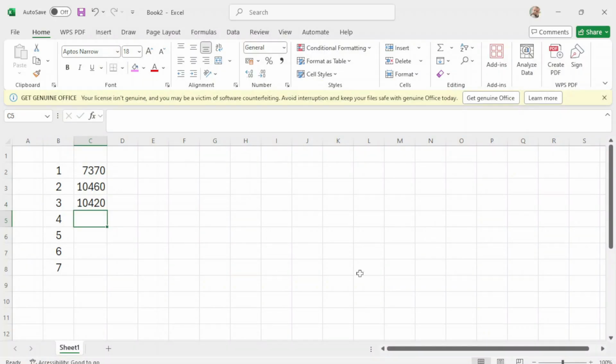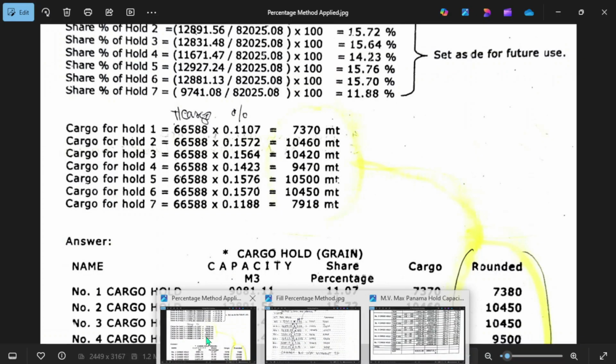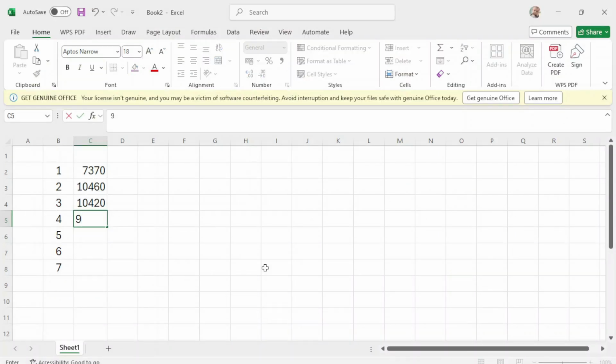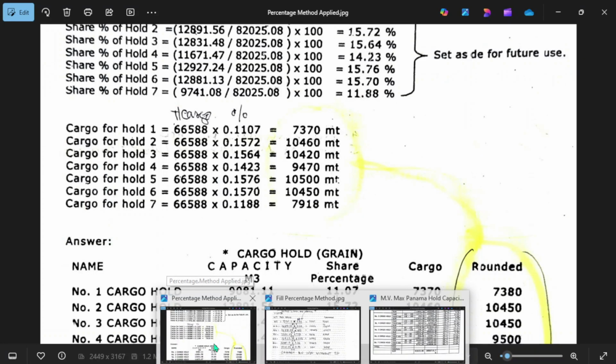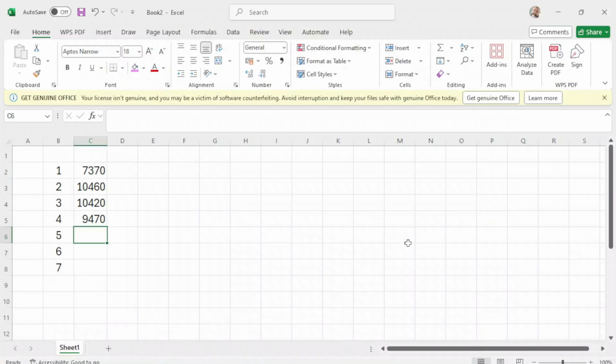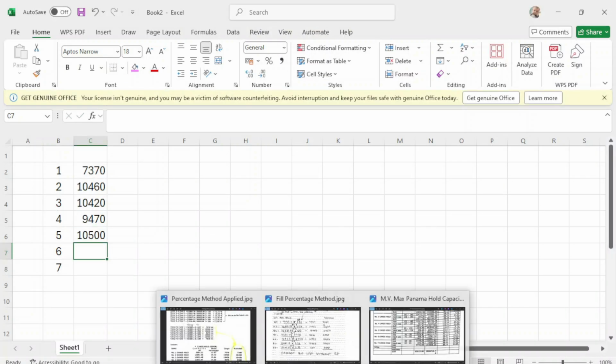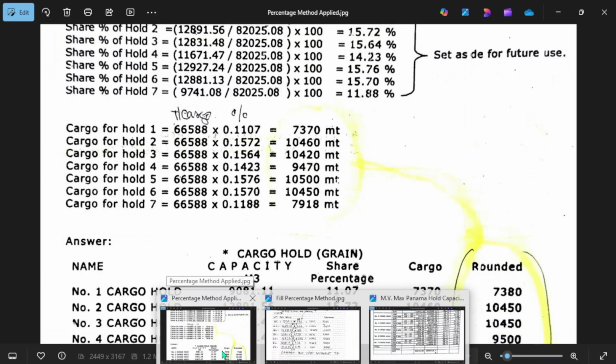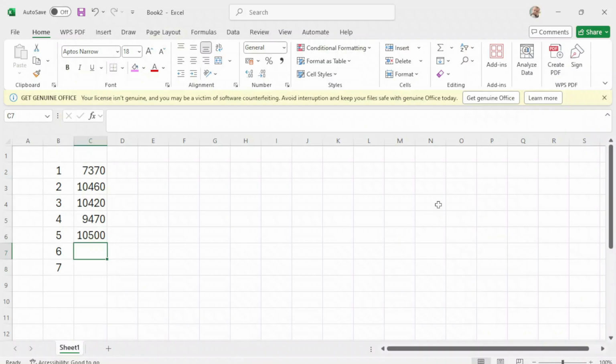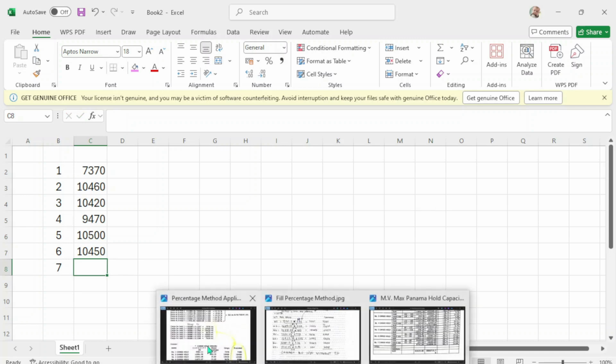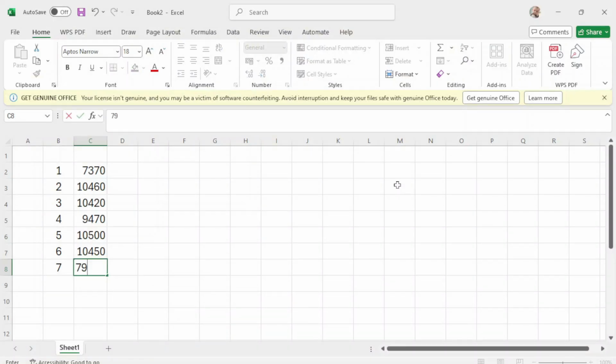Number 4: 9470. Number 5: 10500. Number 6: 10450. And 7 is 7918.